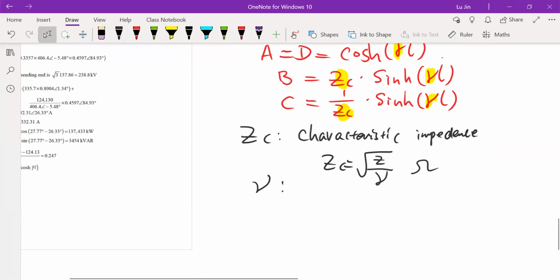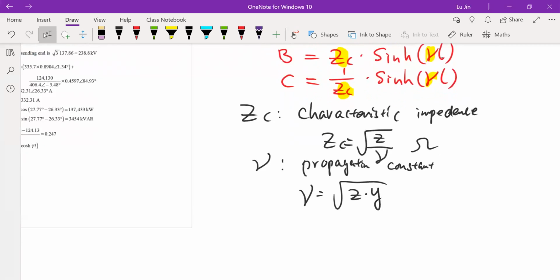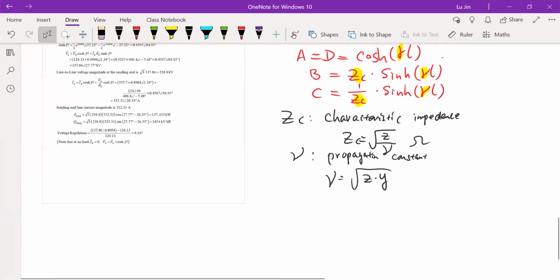Gamma is called the propagation constant. Gamma is equal to the square root of z times y, again with z the unit impedance and y the unit admittance. I just want to skip some calculation, so that should be very simple for you.